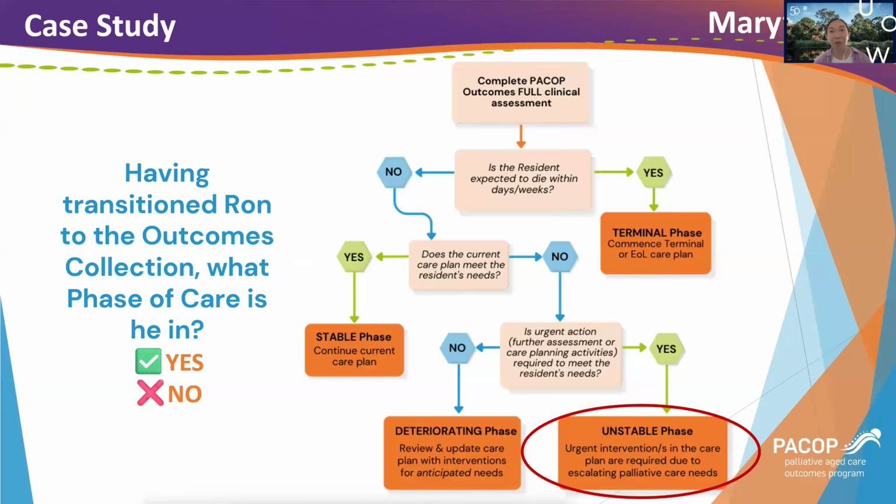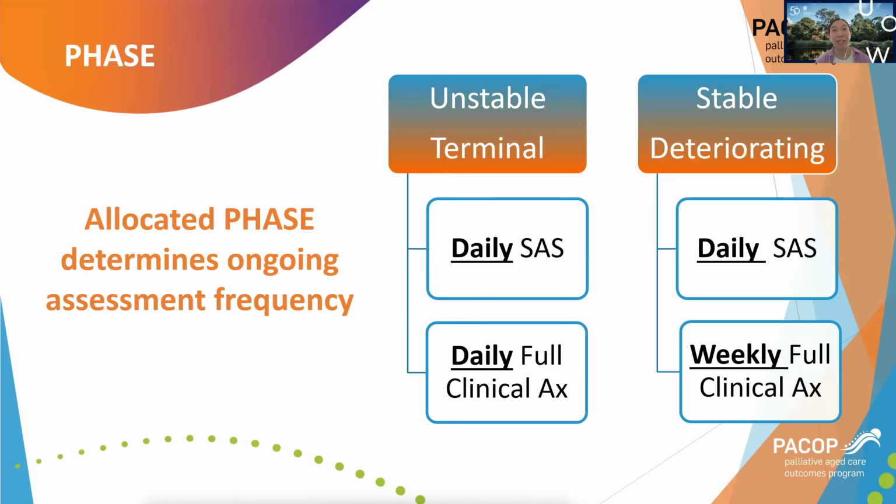So what does unstable mean for a phase? When the resident is in outcomes and is having an unstable phase, we make sure that we do our SAS every day regularly, and we also do our full clinical assessment daily. So this is just a reminder on how we go about that.